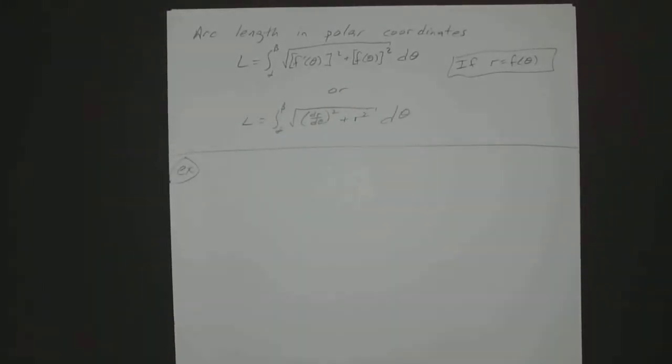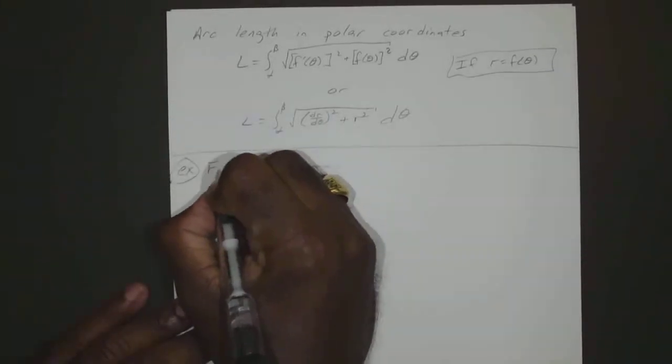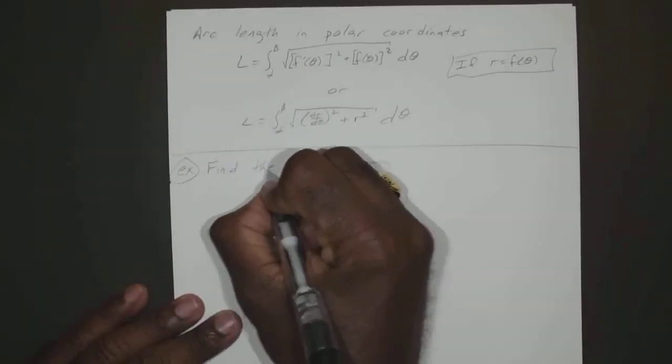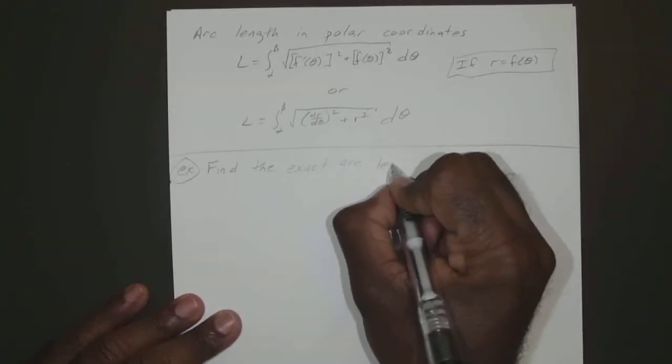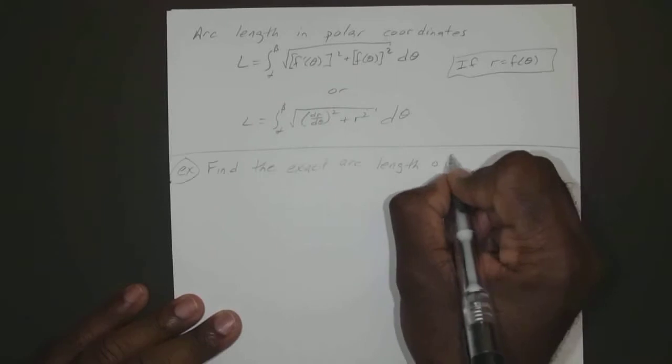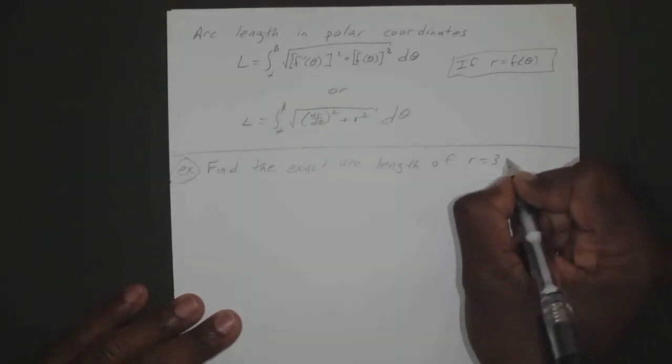All right, so let's say, for example, find the exact arc length of r equals 3 sine of theta.